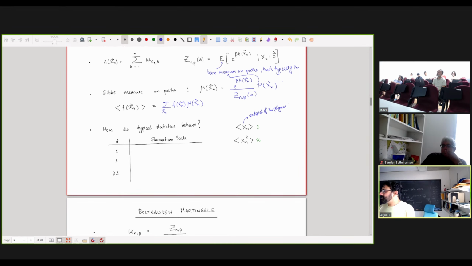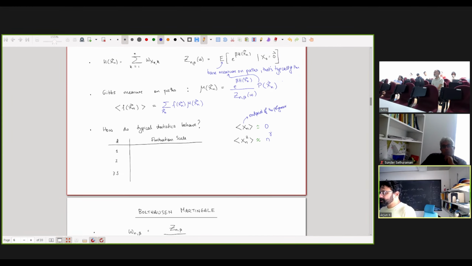If P is symmetric, if say it takes values in plus or minus 1 and d equals 1, then x_n is more or less 0, so this is a boring statistic. And so you're typically interested in the fluctuations, x_n squared under the Gibbs measure, and you want to figure out the scale of these fluctuations.